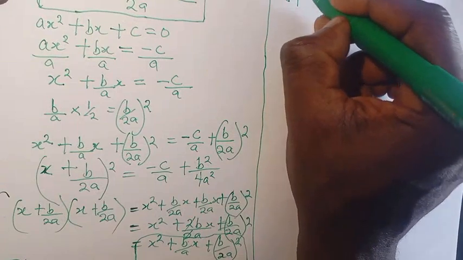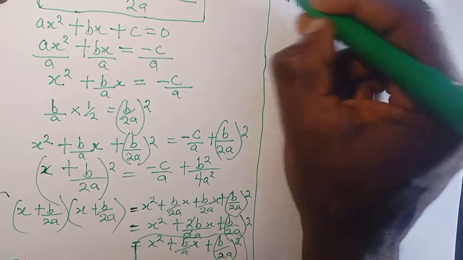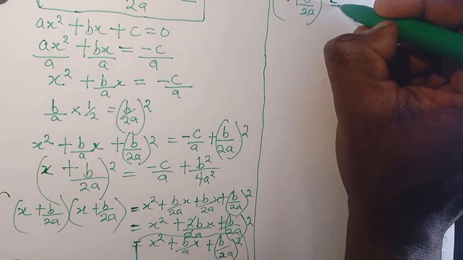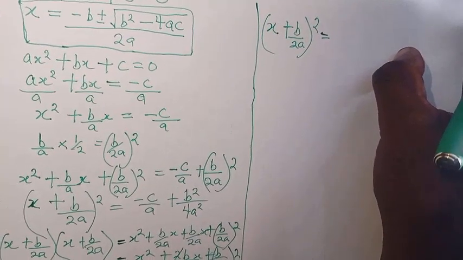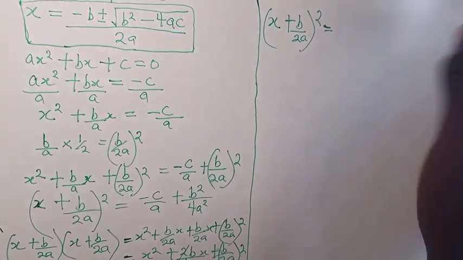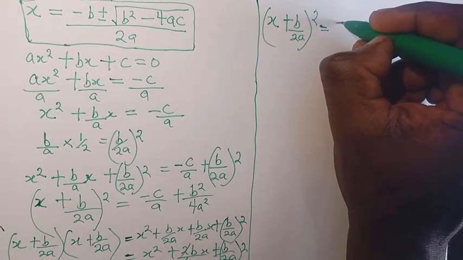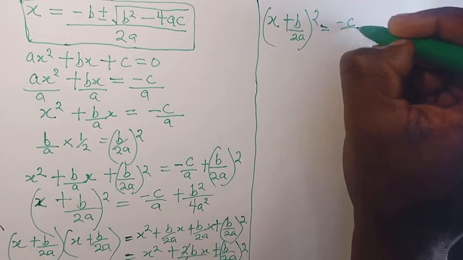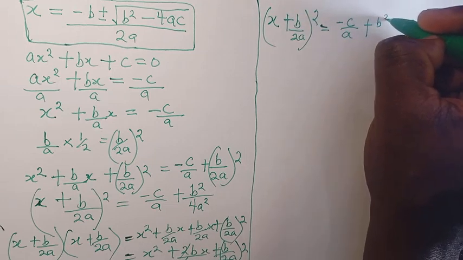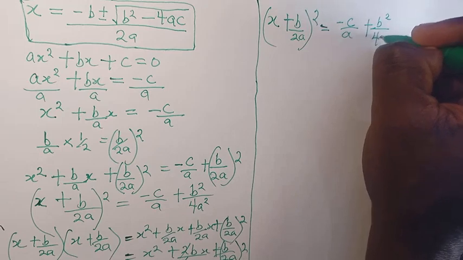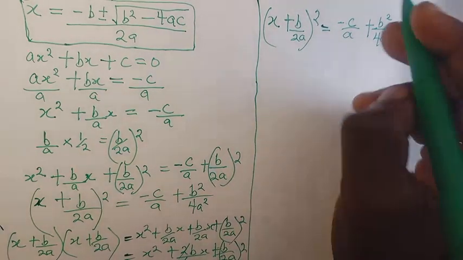(x plus b over 2a) squared equals minus c over a plus b squared over 4a squared. So what do we have?